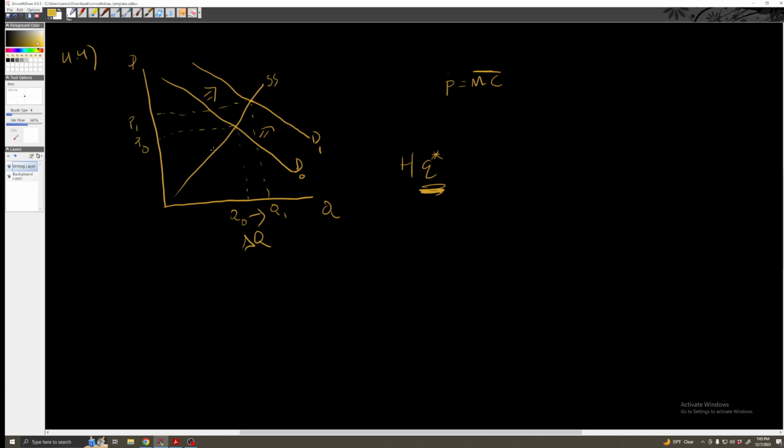Their marginal cost curve, all their cost curves are the same, but they're getting a higher price for the goods. So the marginal cost is equal to marginal price, but that's no longer equal to average cost. Average cost is lower than the price and the marginal cost of producing the good. So they'd be enjoying some economic profits in the short run, but then the long run equilibrium would adjust.